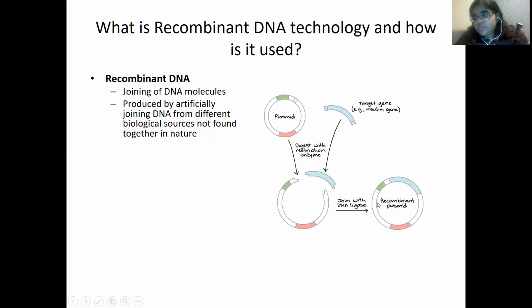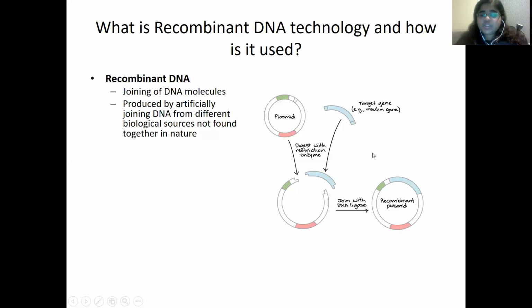What do we need to do? We need ligase, right? What did ligase do? Ligase joined nicked DNA, right? So if there's any breaks or any gaps between the DNA, it puts it together and seals the openings between each other, right?